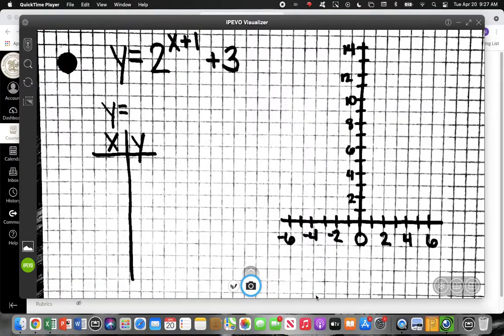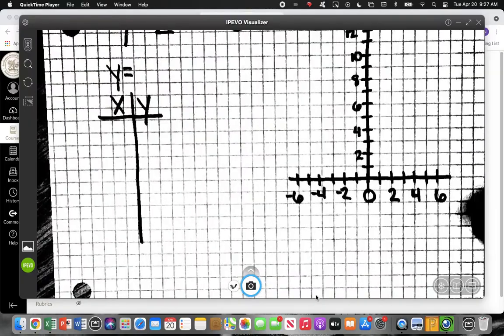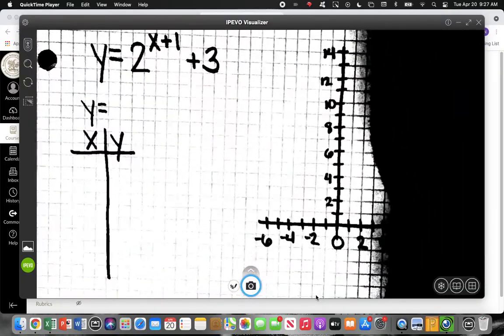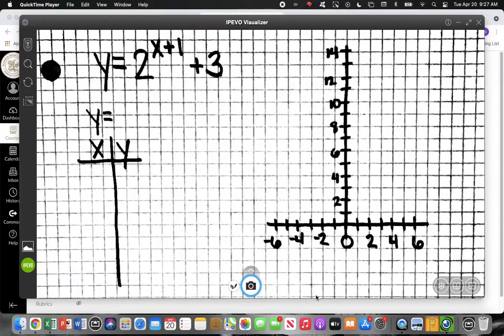And go from 0 to 14 on the y. All right, so I'll give you guys some time to make that graph. Do that with your pencil.